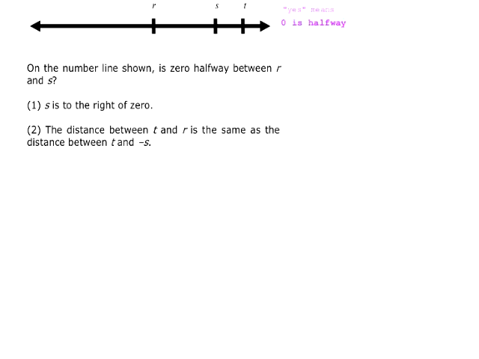So a yes means 0 is halfway between R and S. And then a no means that 0 is not halfway between those 2 points.